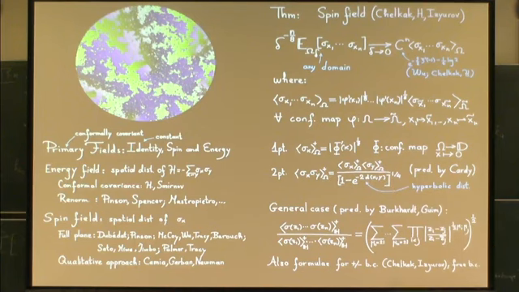This was predicted by John Cardy. It depends on the boundary condition, etc., and it was predicted by John Cardy. The general case was predicted by Burkhardt and Guim in a paper of the early 90s, and they were able to obtain some very impressive formulas for the half plane with plus boundary conditions that are reproduced here, and we were able to prove that these formulas indeed were right.